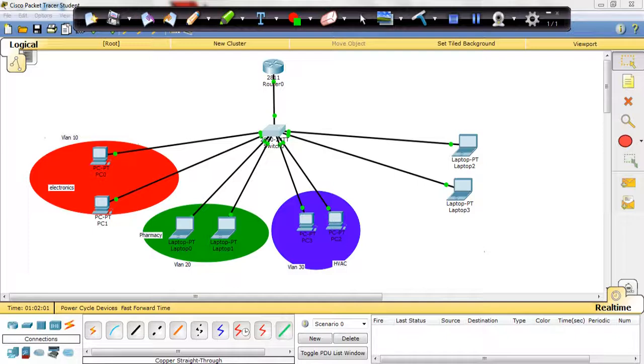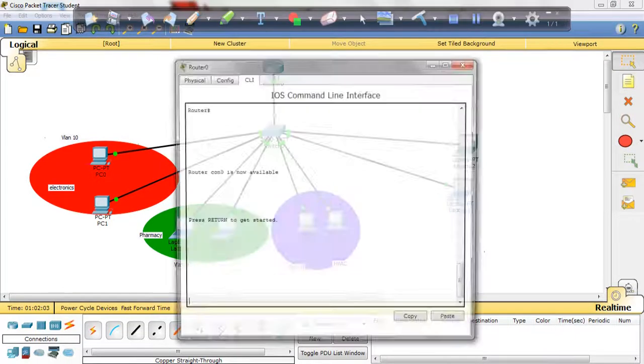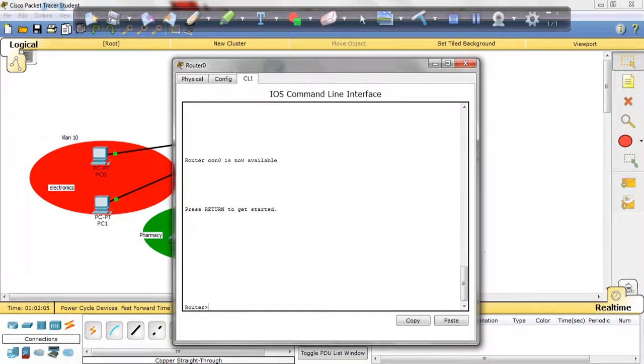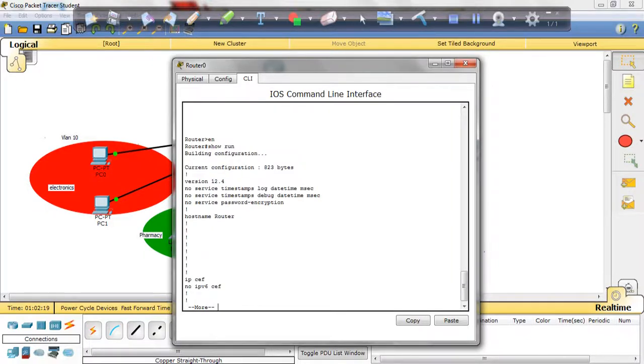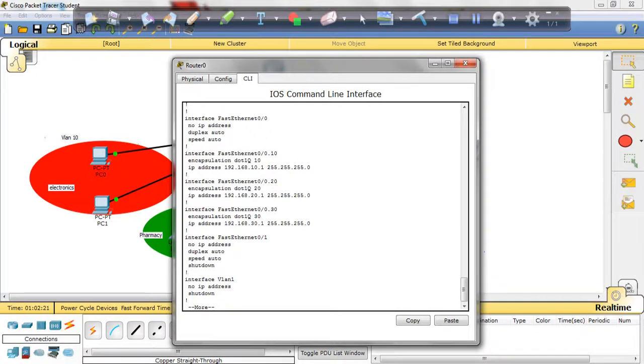Now, I've gone ahead and we got into the router. I went to the router and implemented encapsulation dot1q. And I went ahead and pre-configured this just to save time. Alright, so we're going to do a show run. And you see there are sub-interfaces already configured under the FastEthernet 0/0 interface.